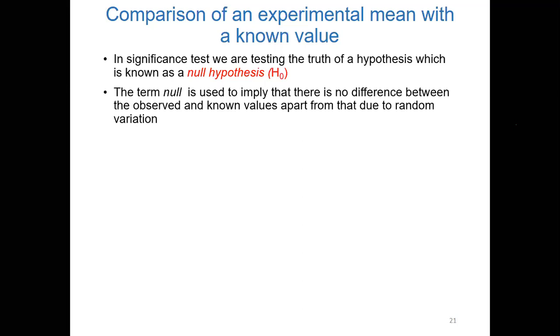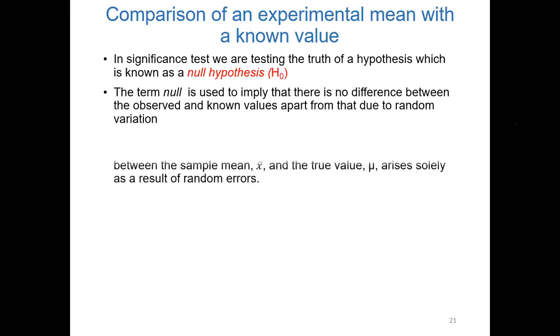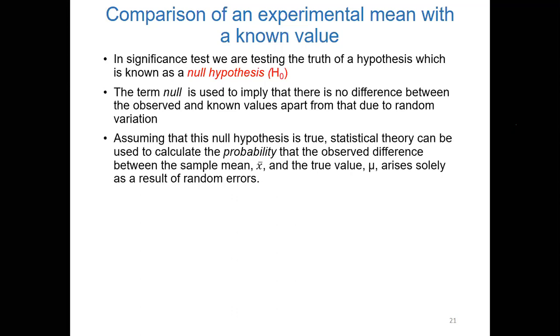When we do the significance test, we are testing that null hypothesis. So, assuming that this null hypothesis is true, statistical theory can be used to calculate the probability that the observed difference between the sample mean and true value arises solely as a result of random errors. That's the important thing.